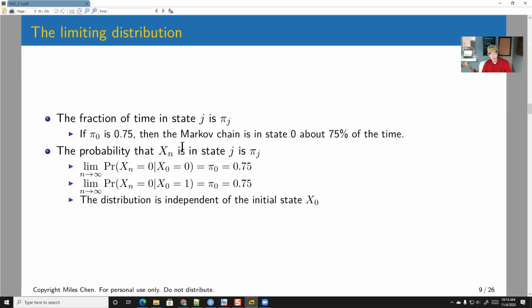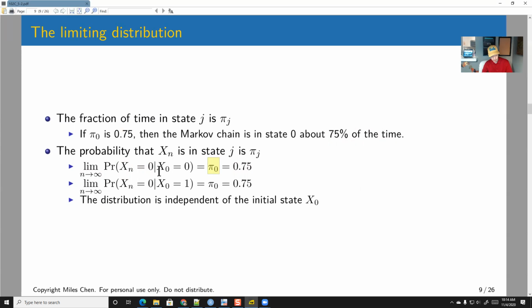And the probability that x_n is in state j is pi sub j. This is basically the limit as n goes to infinity. What is the probability that the random variable x at time n is equal to 0? That's going to equal 0.75. That's going to be pi sub 0.